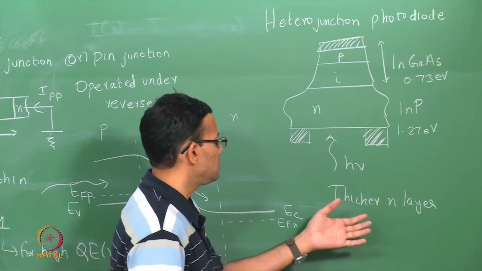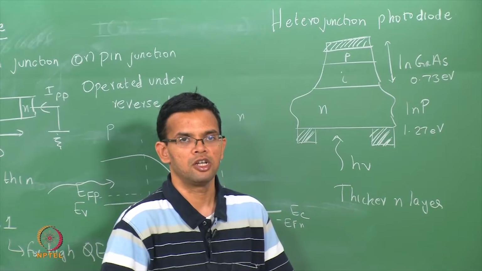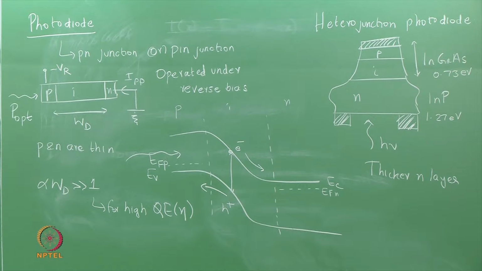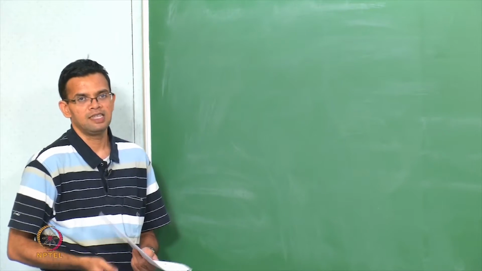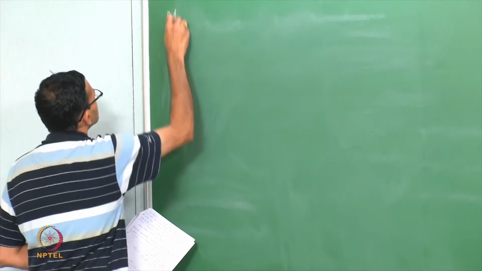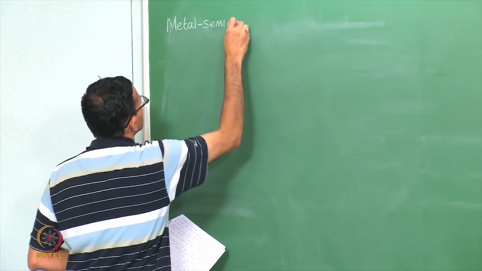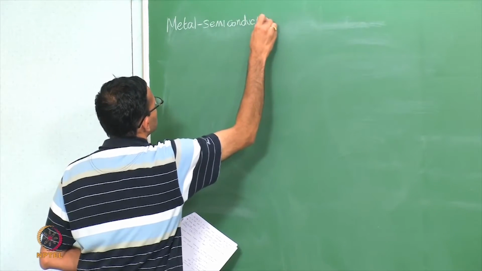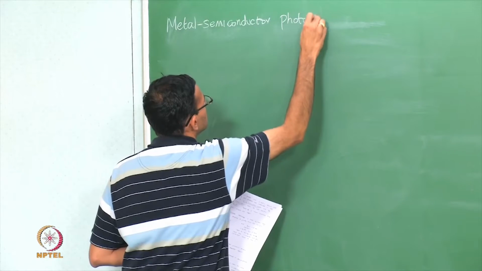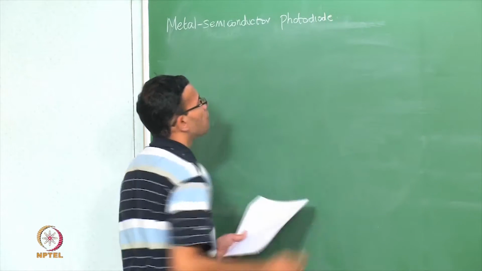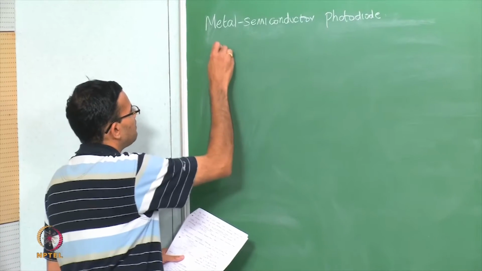The one caveat is we have to grow different materials. So, growing these materials with a good epitaxial contact is very important. We can also have a photodiode based on metal semiconductor junctions. We have seen earlier that there are essentially two kinds of metal semiconductor junctions.